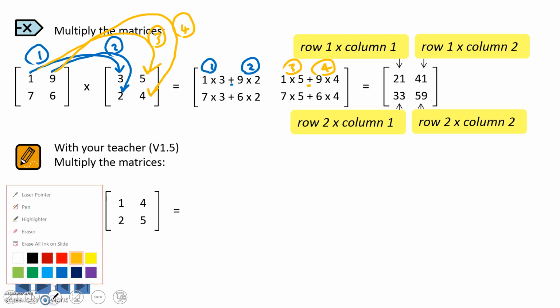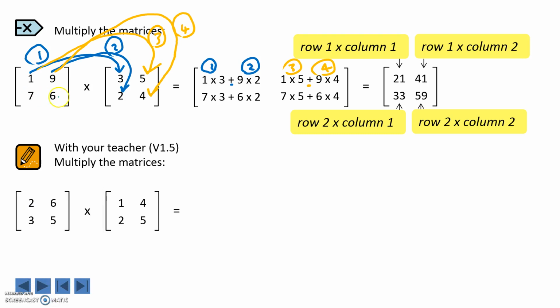Let's pick another colour. We're now up to the second row. It becomes 7 times 3 plus 6 times 2.